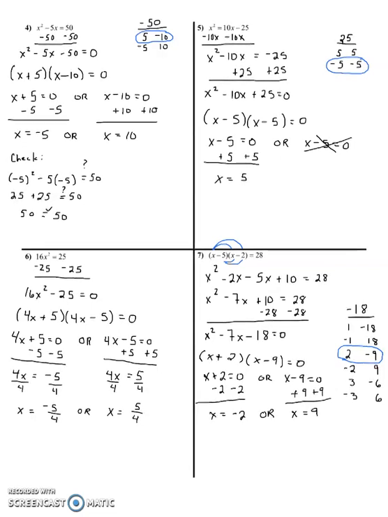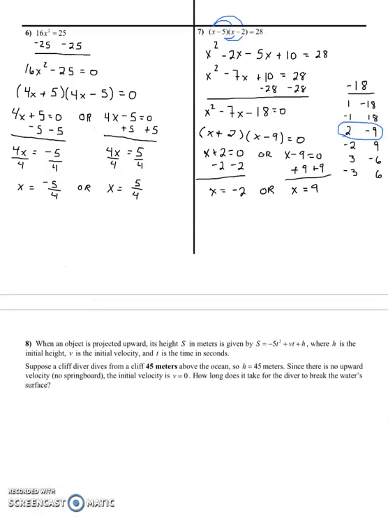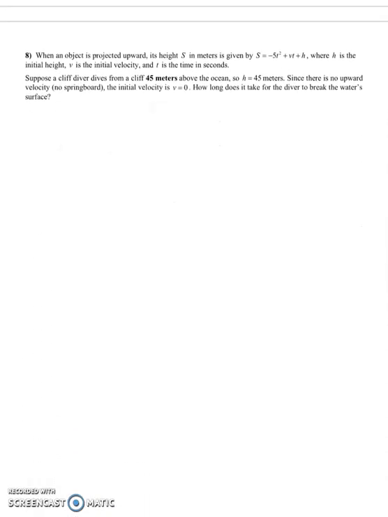Okay, let's go on to the next page. I think there's just one more problem left. Okay. When an object is projected upward, its height s in meters is given by s equals -5t squared plus vt plus h, where h is the initial height, v is the initial velocity, and t is the time in seconds.